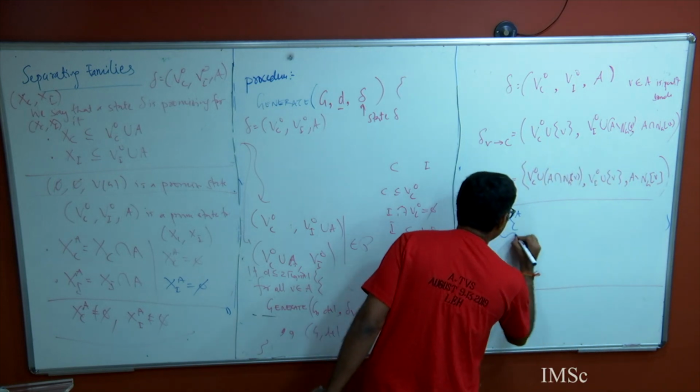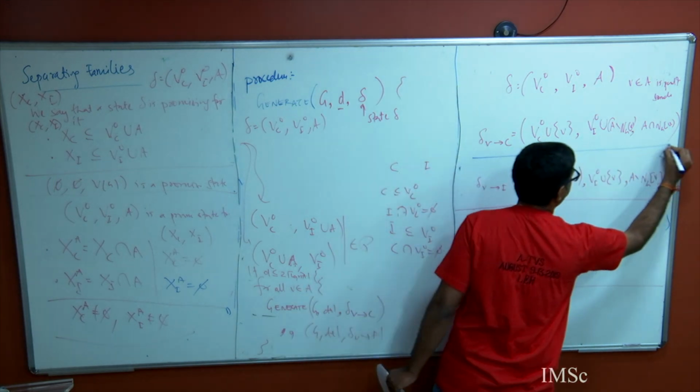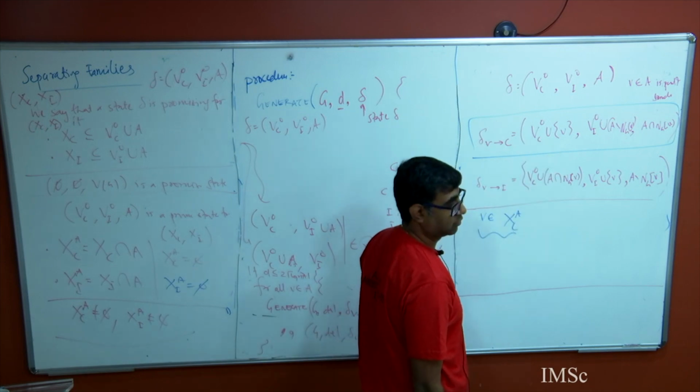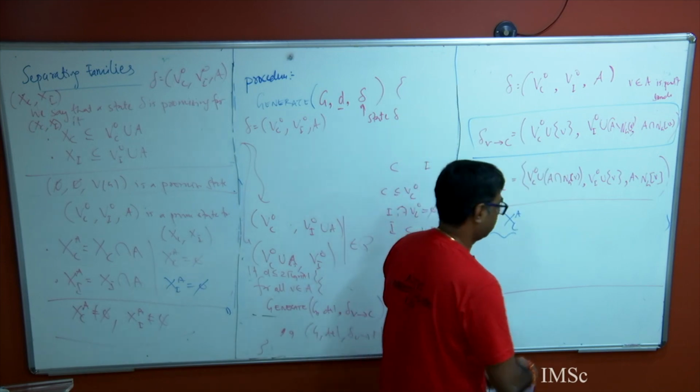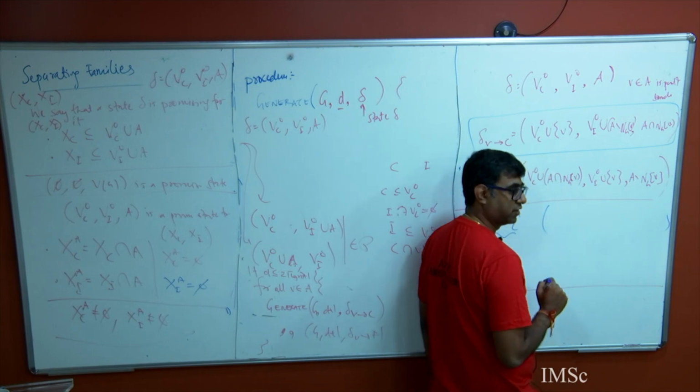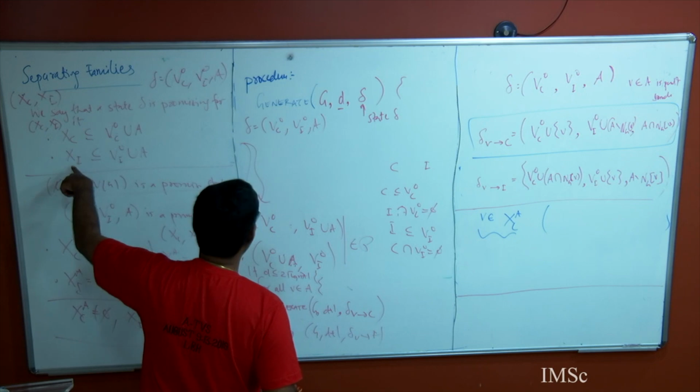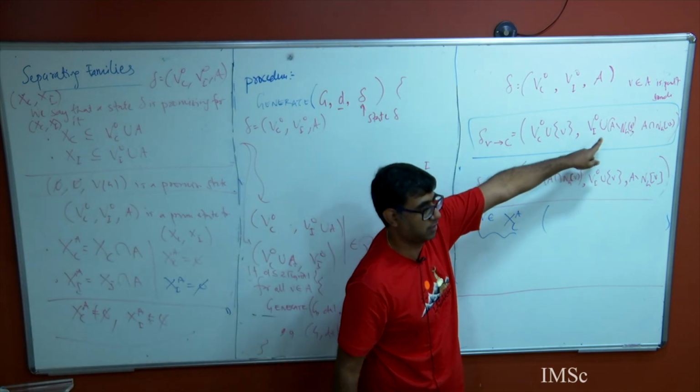Now if I have a V in XCA and look at this state, I claim that this is a promising state. For which one is this a promising state? Now for this clique XC, XI it is still a promising state.